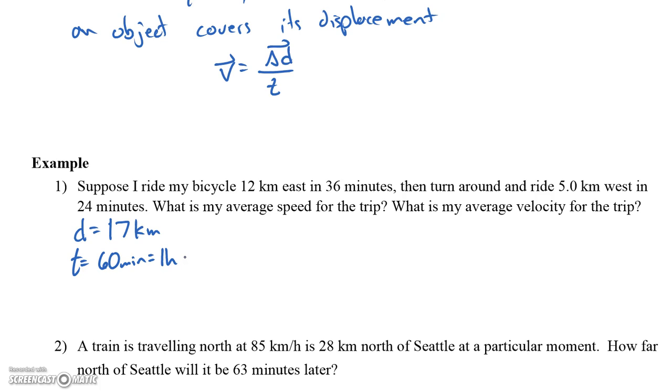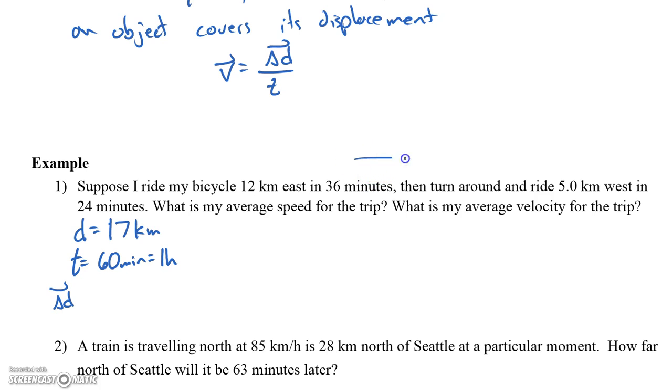So that's that. And the only other one that we would need is our displacement. Our displacement, if we're going with the definition, is our final position minus our initial position. Well, we're assuming our initial position is our reference point here. So that is 0. And we just need to figure out how far away we are from that. This one, it's easier sometimes to draw a picture.